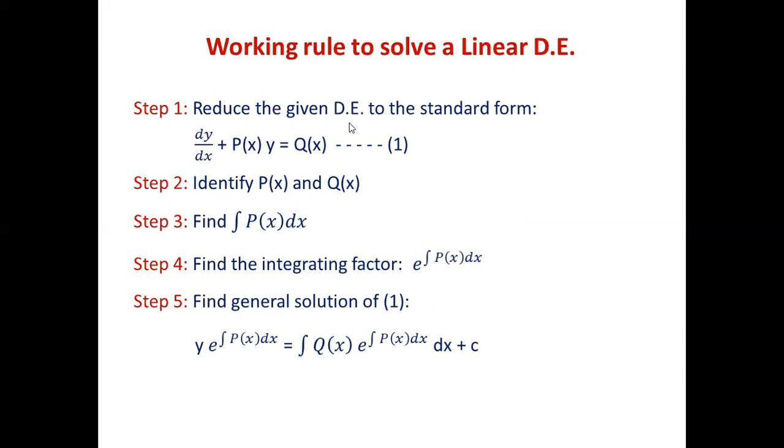Just now you have seen the standard form. The standard form has three terms: the derivative of the dependent variable with respect to the independent variable, which is the first term; the second term is a function of x multiplied by y; then on the right hand side you have a function of x. So the very first step of the working rule is to reduce the equation to the standard form.